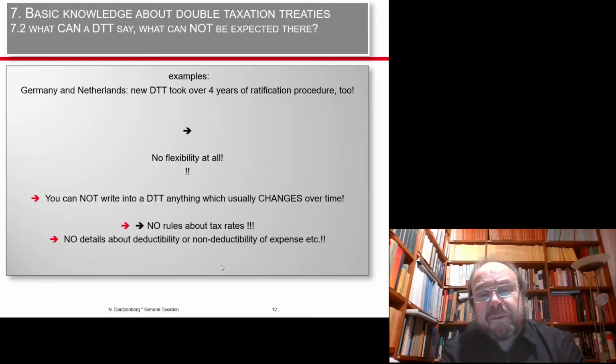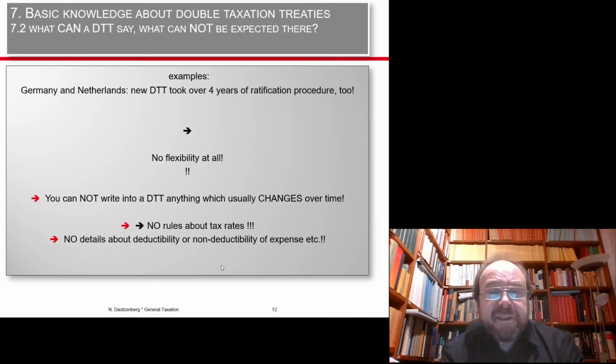Or if you would like to lower it, you would also have to renegotiate it, and that would take years. And as at the moment Germany has approximately 90 double taxation treaties, that would be years and years and years. And probably when you have finished the change in the last double taxation treaty, you have already decided on the next two changes of your tax rate. So it would be a complete chaos.